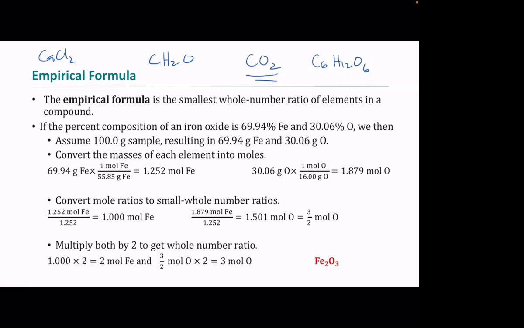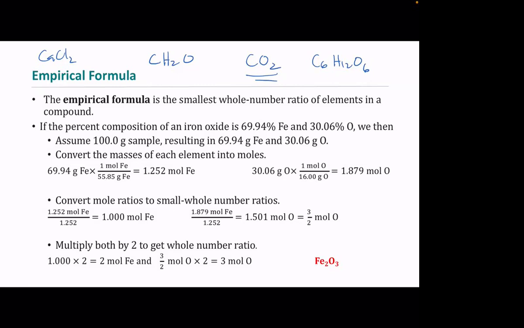It requires another instrument. Now it's pretty easy to do nowadays, but anyway, you get the idea that sometimes you might have the percents, but not know the actual formula. So this is what this allows you to do. We do this a lot with combustion analysis. And you'll see that, I think, in your book. I might even do an example on Thursday. So that's what this slide is telling you.